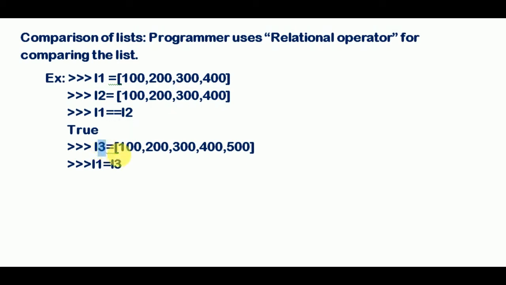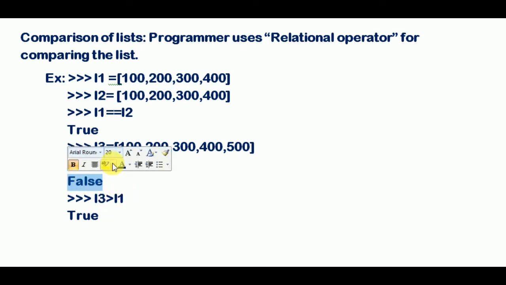Now L3 equals 100, 200, 300, 400 and 500, and we are comparing here L1 and L3. So the value will be false because both the lists have different elements.